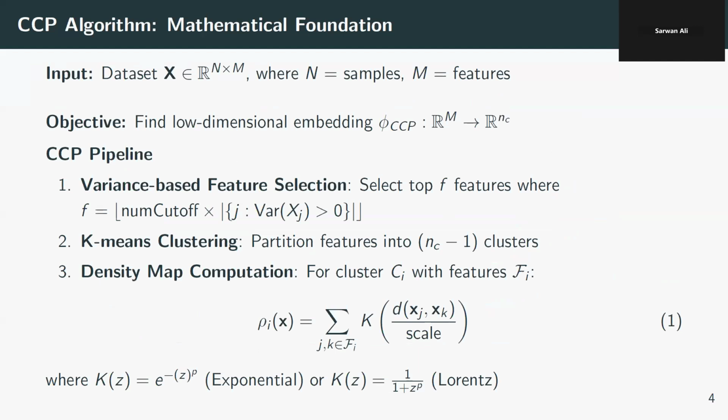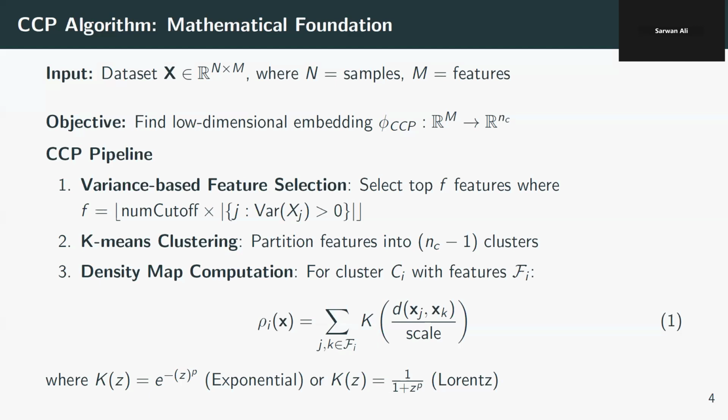So let me briefly explain the CCP algorithm that forms our foundation. CCP takes the data set X in R to the n times M, and finds the low-dimensional embedding that preserves important structure relationships. The CCP pipeline has several key steps. First, we do the variance-based feature selection. We keep only the top features which actually vary across our samples.